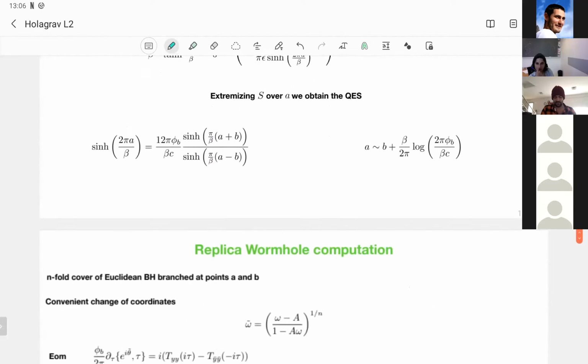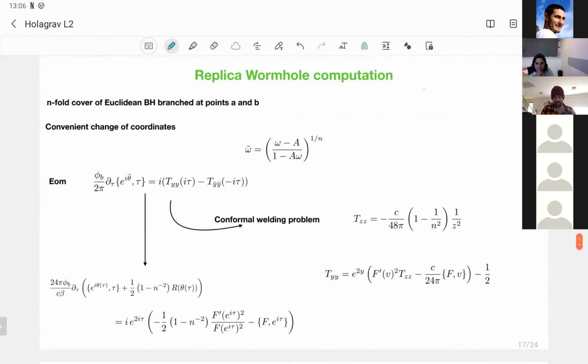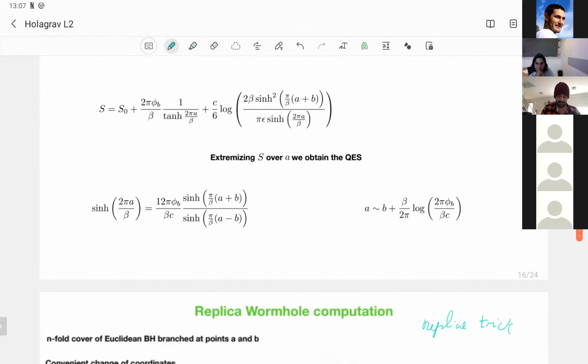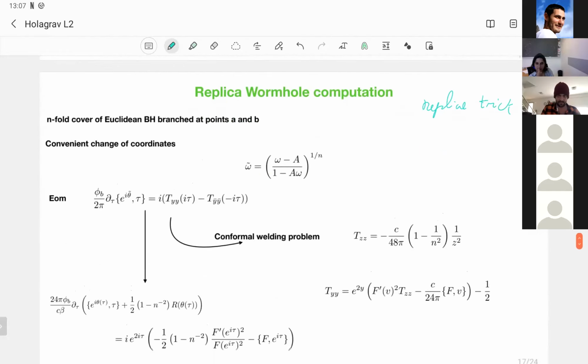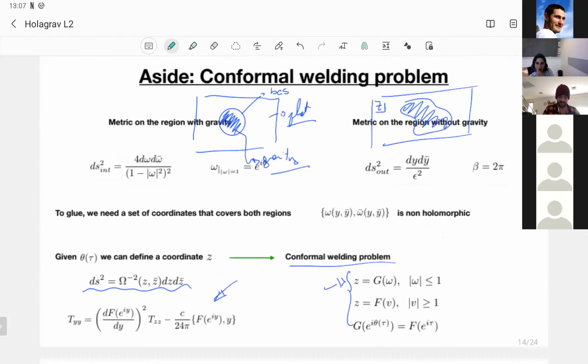But then you want to obtain the same results using the replica trick. And here is where the welding problem is more complicated, because in the picture I did here, you just have one copy.